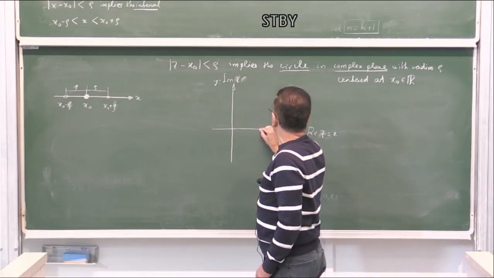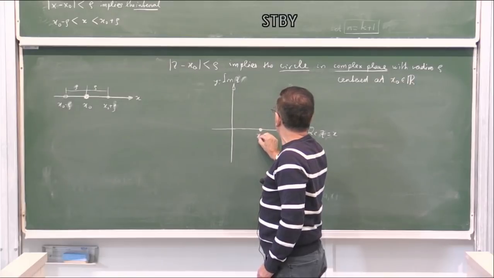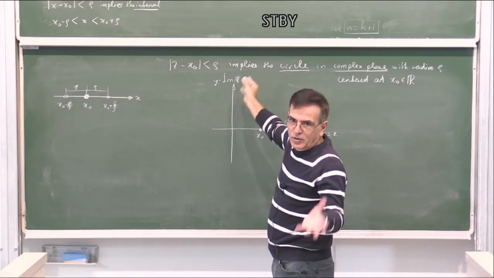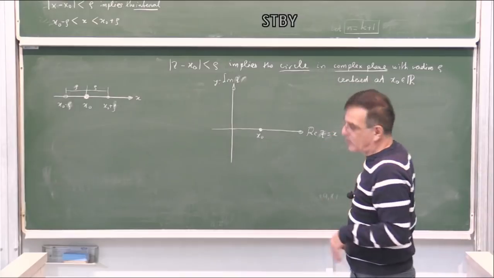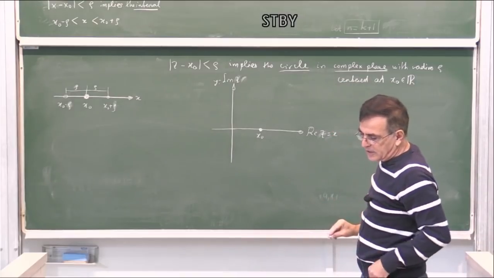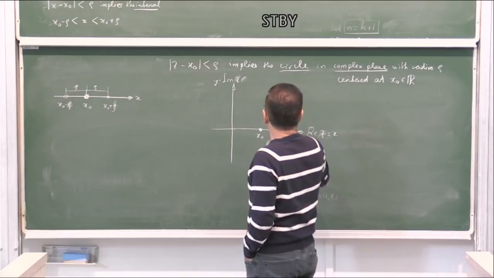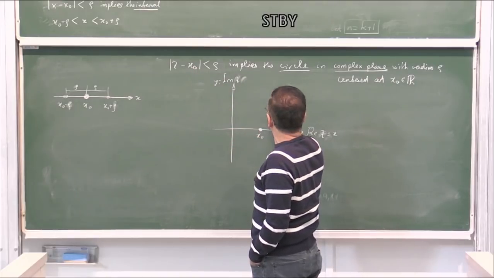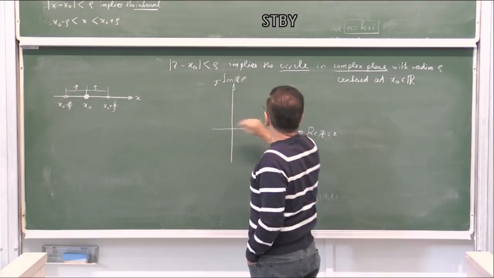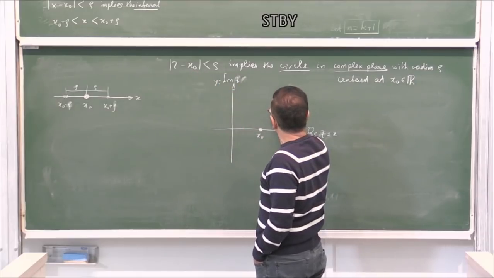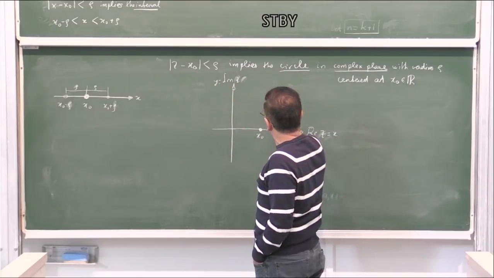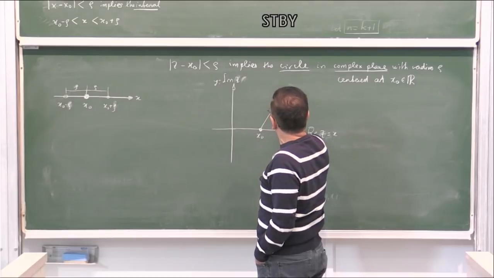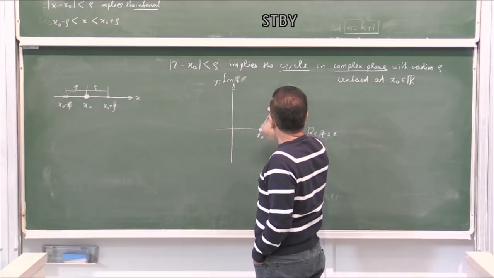Here is x0. We choose real, but you can choose it as a complex number as well. So center is still x0. So what is the meaning of z minus x0? Absolute value of z minus x0 shows the distance from any complex number.